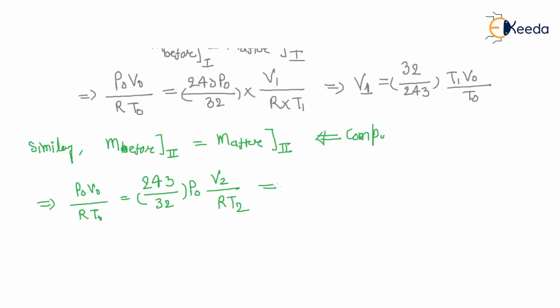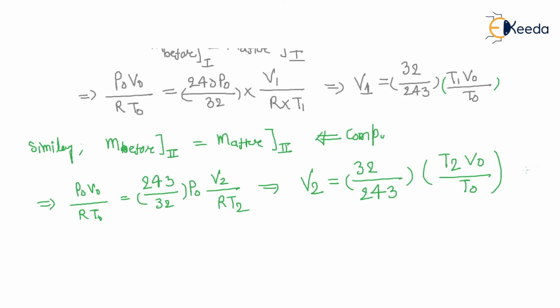So V2 is 32 by 243 into T2 V naught by T naught. So this is your V2 and this is your V1.